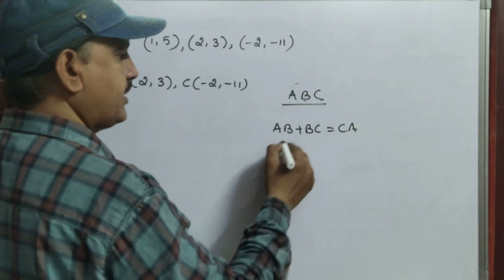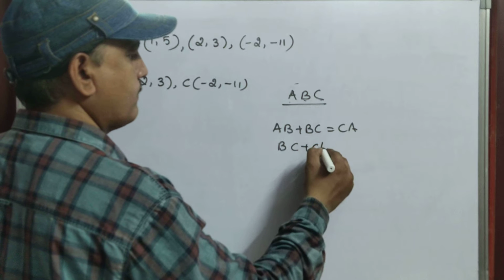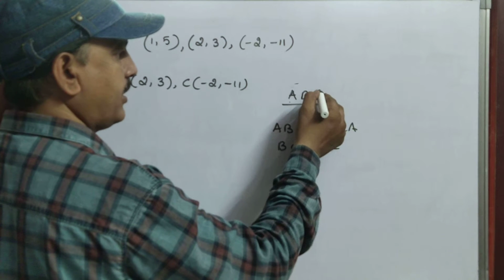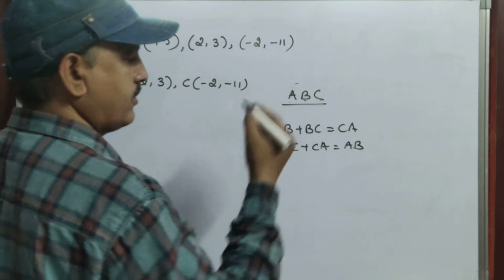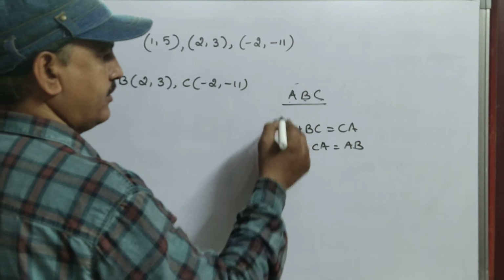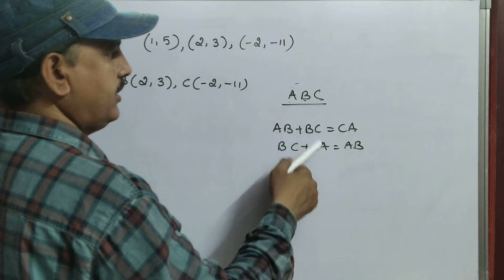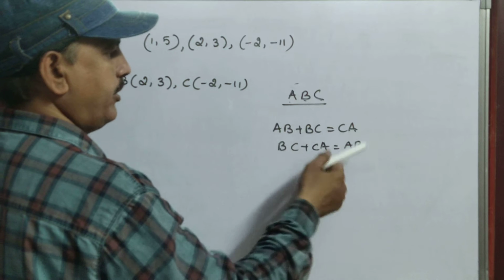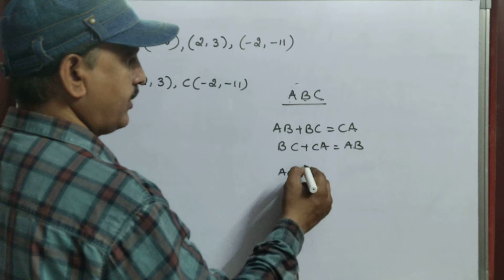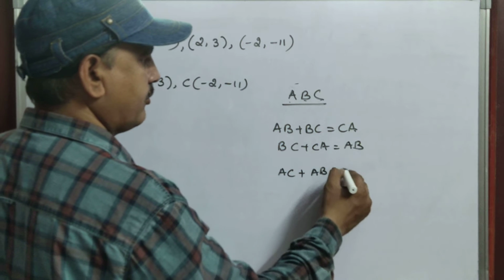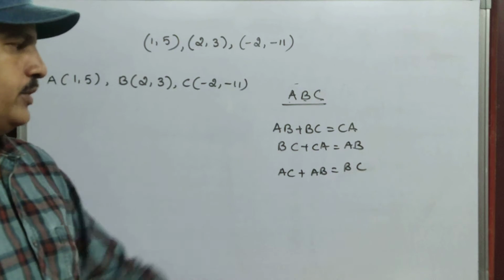Next, BC plus CA equals AB. Next, AC plus AB equals BC.